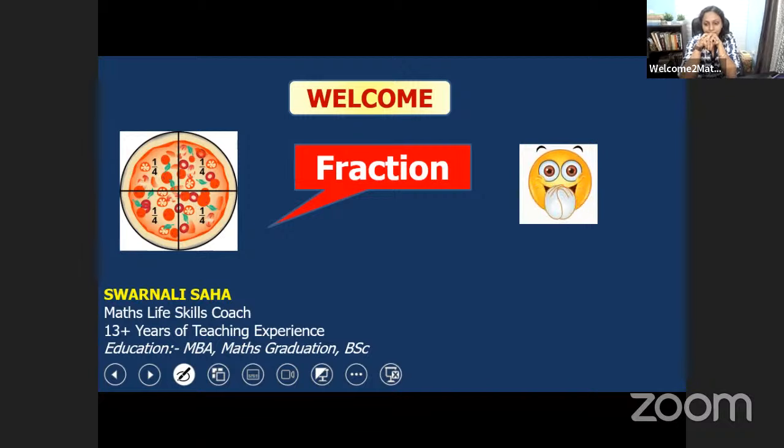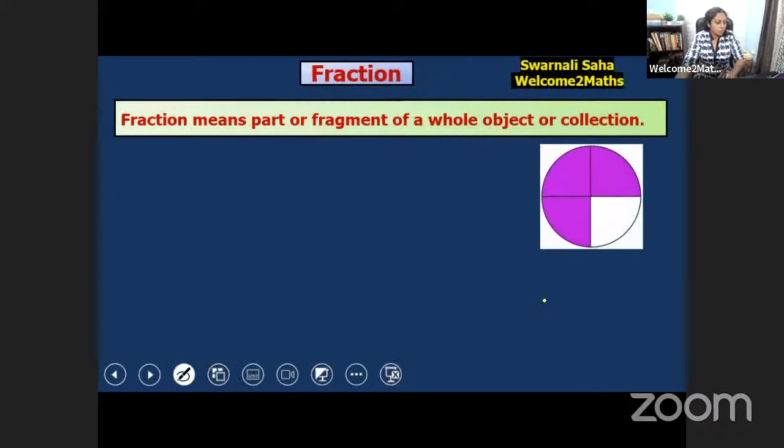Very good. You know about fraction. So today at first, let's see some concepts about fraction and we'll solve some questions of fraction from Maths Olympiad questions. So let's start. Let's see first what is fraction.